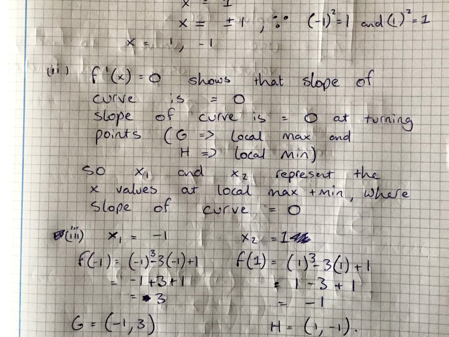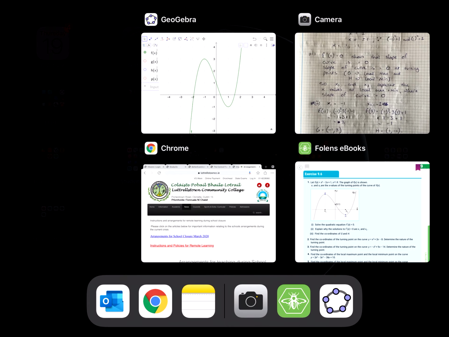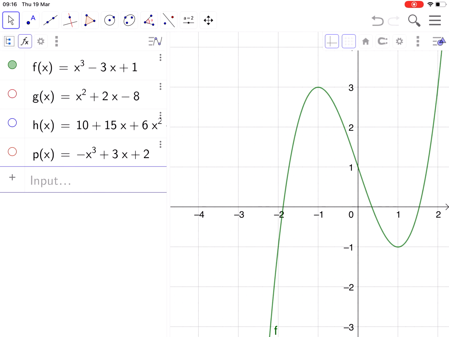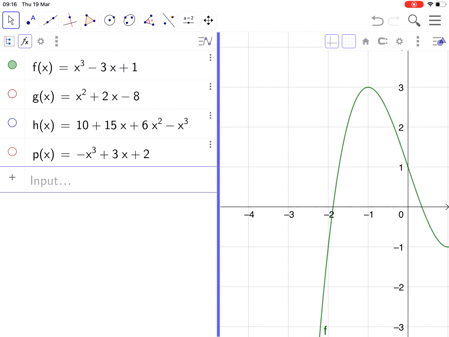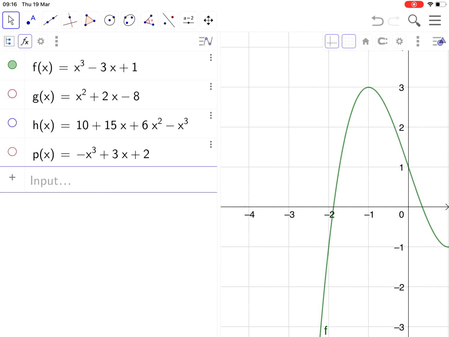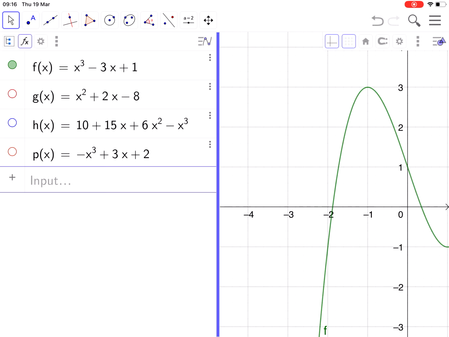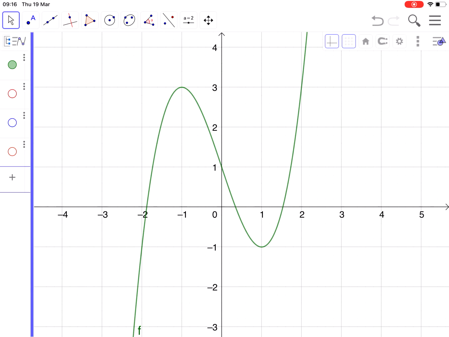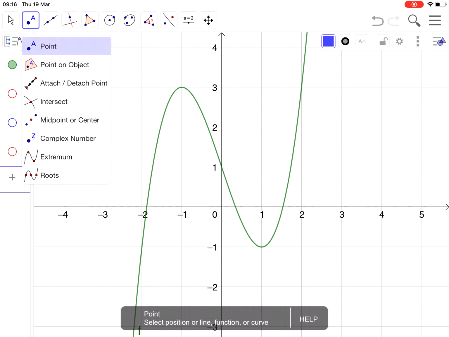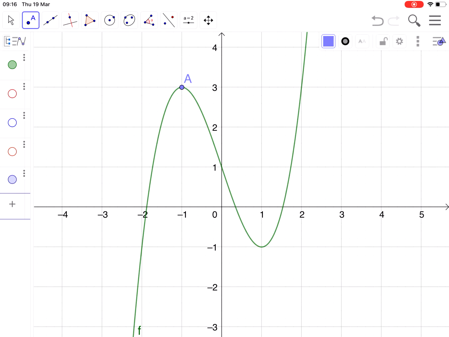Just to have a think about the local max and min, if I go to GeoGebra and I show you, that's what the function looks like. Here's one I prepared earlier. The green function is the one from question 1, and you can see what it looks like. If we pop in a point there and a point there, they actually represent the points G and H in the diagram that's given to us in the question.